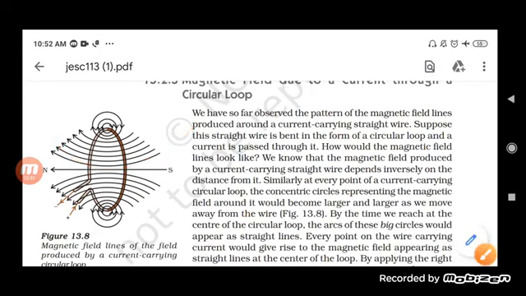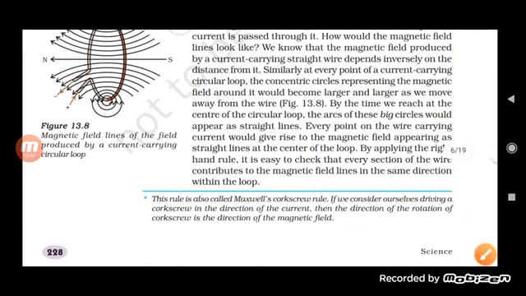Okay. Now every point on the current carrying wire would give rise to a magnetic field appearing as a straight line at the center of the loop. By applying the right hand rule, it is easy to check that every section of the wire contributes to the magnetic field in the same direction within the loop.